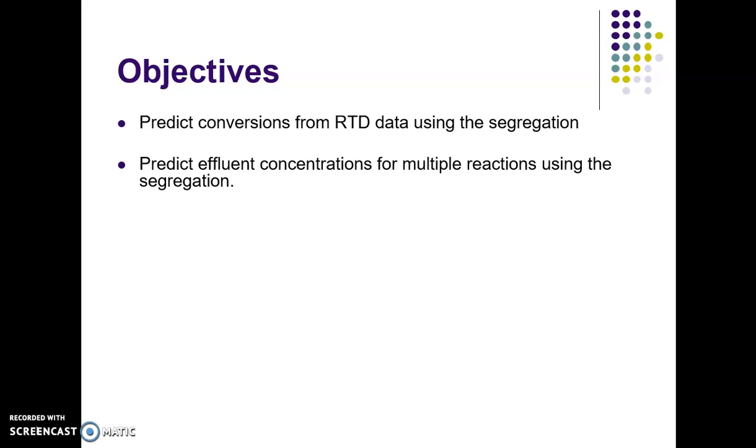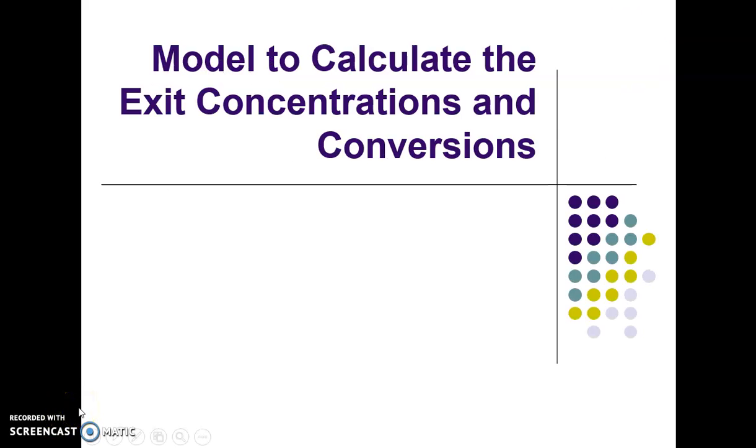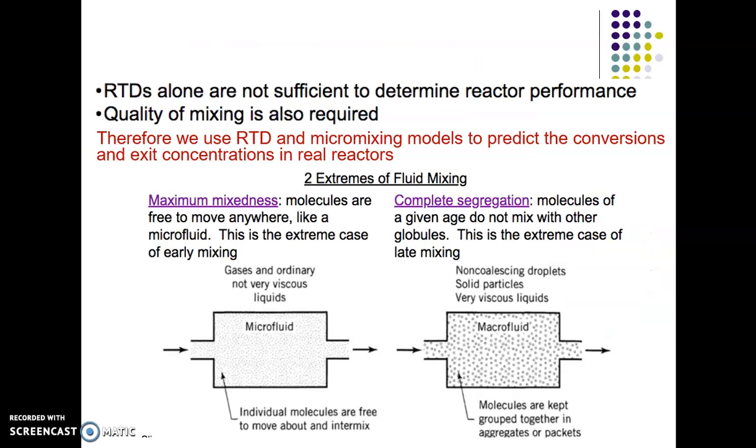The objective of this subtopic is to predict conversions from the RTD data using the segregation model. And then we can predict the effluent concentration for multiple reactions using the segregation model, so this is the model to calculate the exit concentration and conversion.